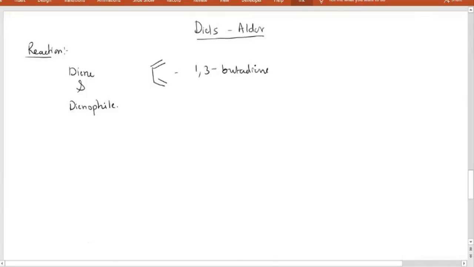Very simple diene I'm taking, okay, and that too should be cis. Then you have dienophile. Okay, so this is your diene, and dienophile is having double bond. So double bond compound. This is, let's say very simple, ethene. This is your dienophile.